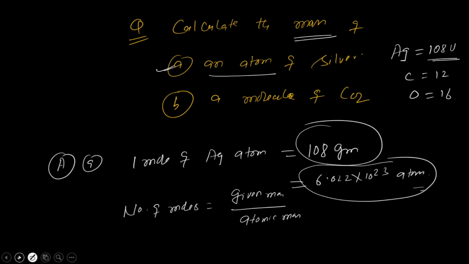Wait a second, there is no need to use the formula directly. Simply we can use the unitary method to find out the answer. Have a look here. 6.022 into 10 power 23 atoms is equal to 108 gram.